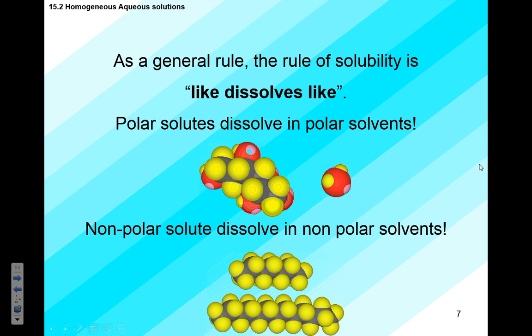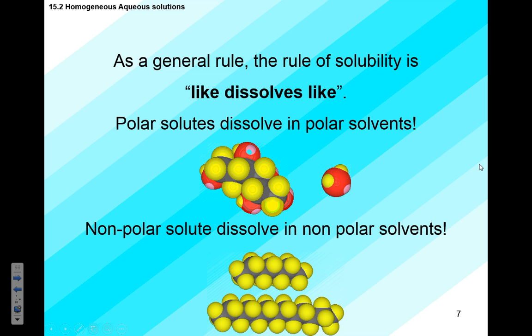And if they're both polar, then they're going to be attracted to each other. If they're both nonpolar, they're going to be attracted to each other and they'll mix. But if you put together polar with nonpolar, there's no attraction between the two that are strong enough to make the particles dissolve.